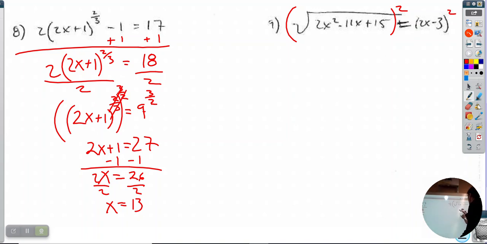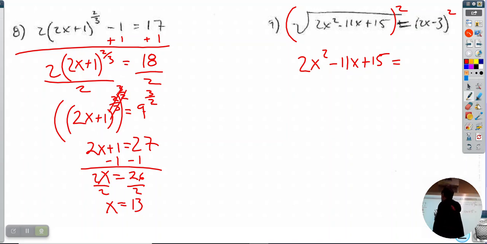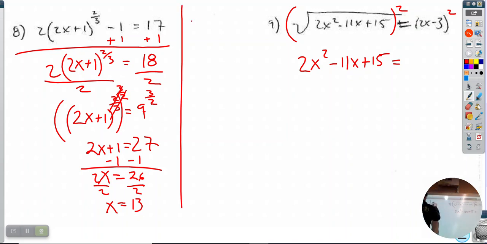And so when I square the left side, I get 2x squared minus 11x plus 15 is equal to, now here's the tricky thing, 2x minus 3 squared, that's going to be 2x minus 3 times 2x minus 3.